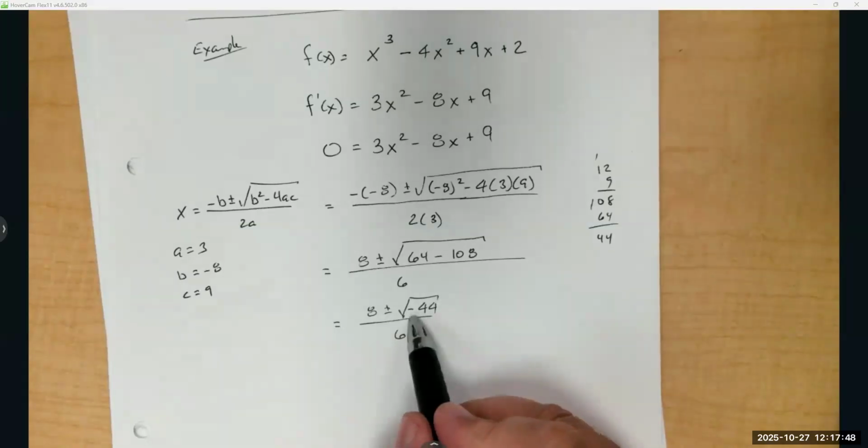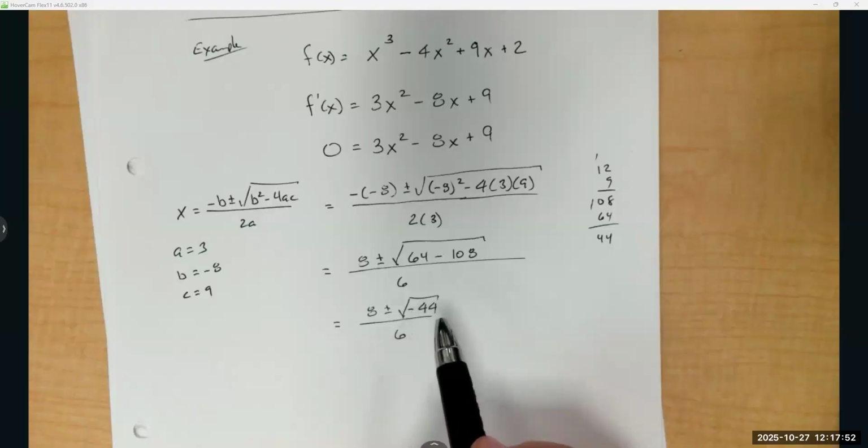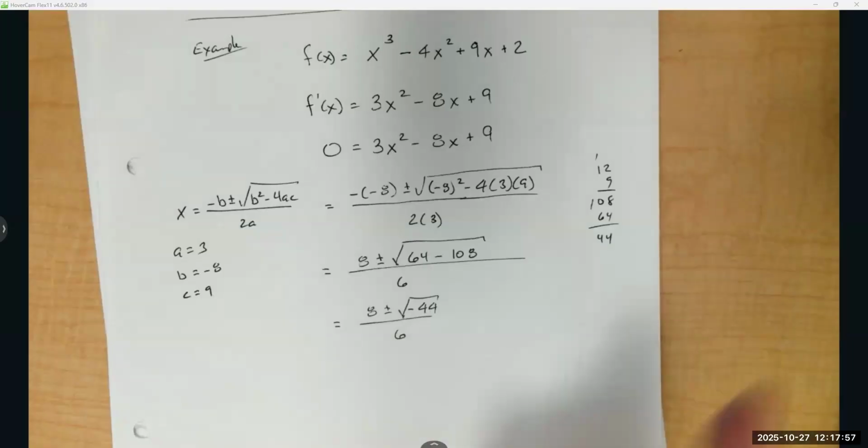Well, we have an imaginary number, which is not going to help us any. So what can we think about this? Are there any vertices here?